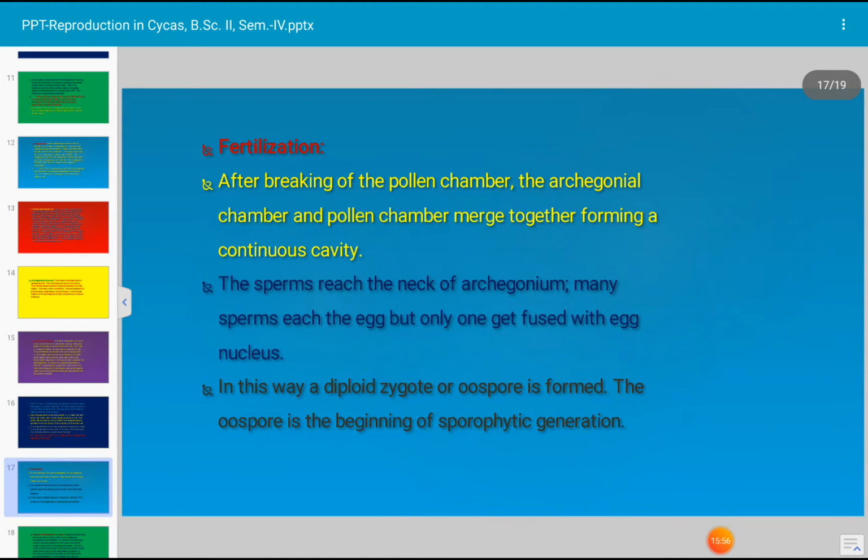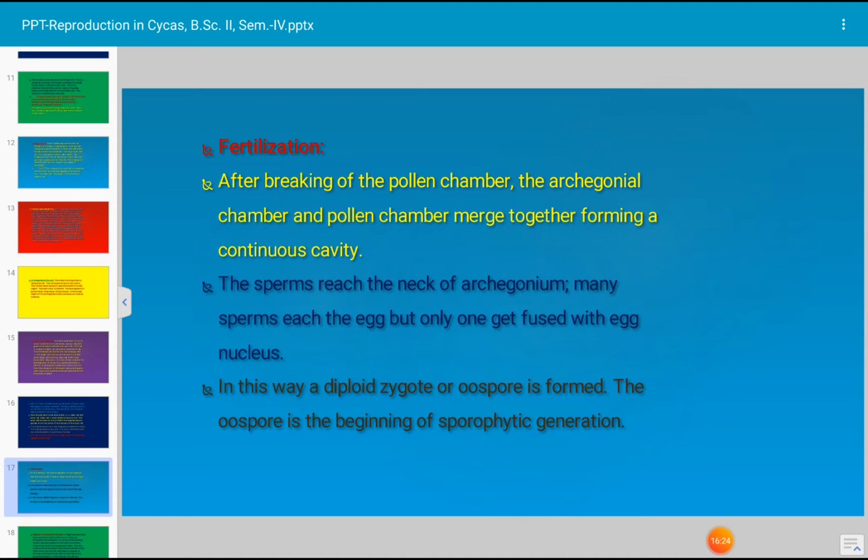Next, let us see the details of fertilization in the Cycas plant. Cycas is a gymnospermous plant. Fertilization is the phenomenon in which fusion of gametes takes place. After breaking of the pollen chamber, the archegonial chamber and the pollen chamber merge together, forming a continuous cavity.